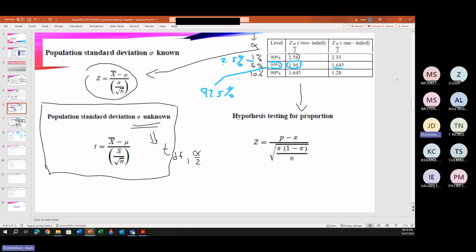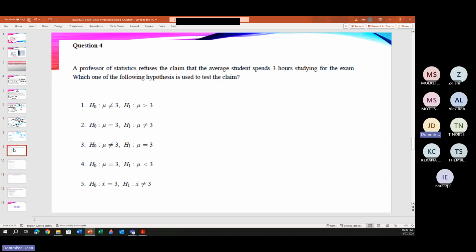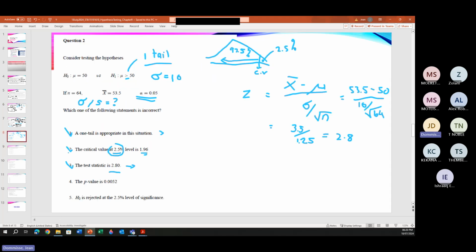So if we deal with a 2.5% alpha, then we know the one tail is actually going to be 1.96. So I will add that for you. Let's quickly do that now. If we do the 2.5%, the one tail will then be 1.96. Okay, so option 1 correct, option 2 correct, option 3 correct.